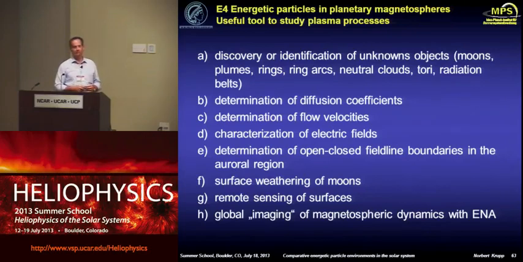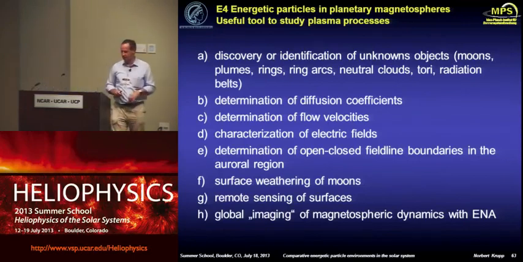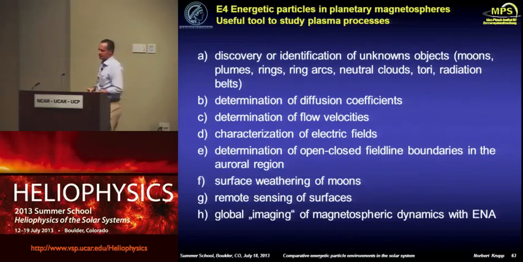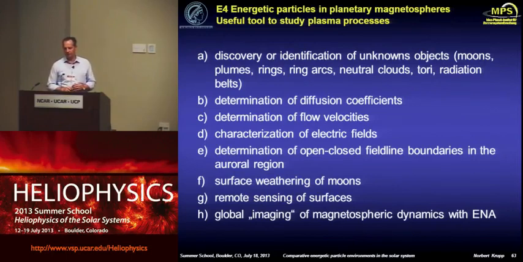And this happened several times already by just looking at the particle distributions, where there have been a new ring found in the magnetosphere of Saturn. There are ring arcs, there are neutral clouds like the Europa torus cloud, and also, as I showed you before, an additional radiation belt, which was not shown before.